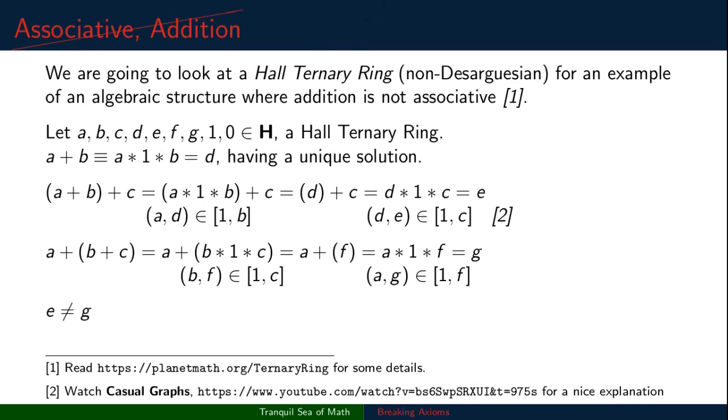We're going to look back at a whole ternary ring, this time a non-Desarguesian ring. For this example, we have several elements, 1 and 0, that are a part of this ring, so it's not an empty ring. And we're looking at a similar addition to the one that we had previously. I didn't put the circle around all the pluses in this one.